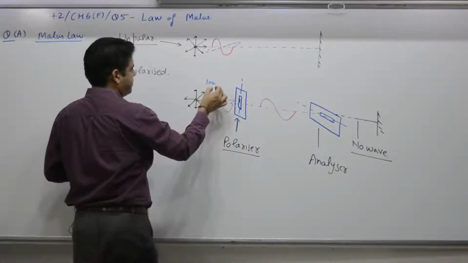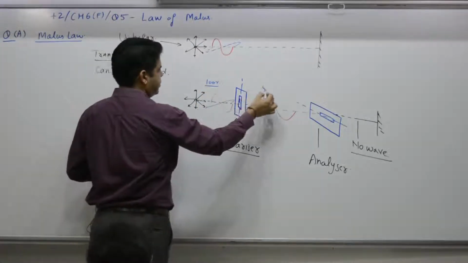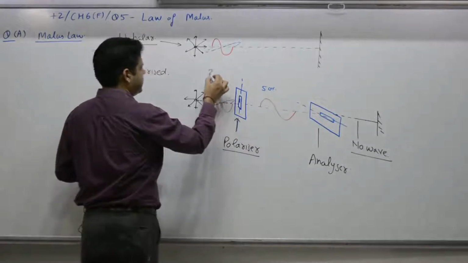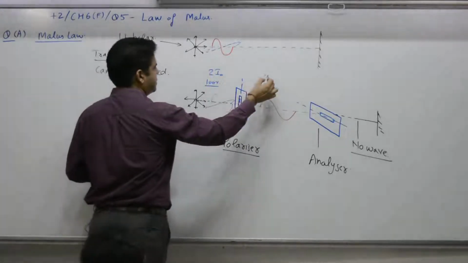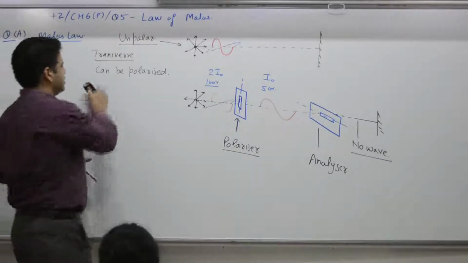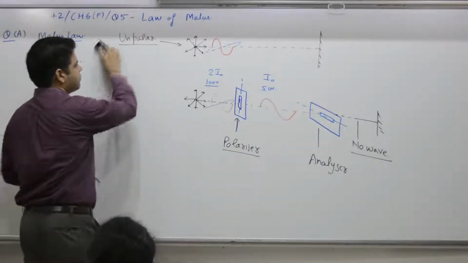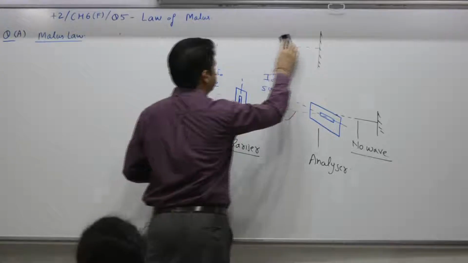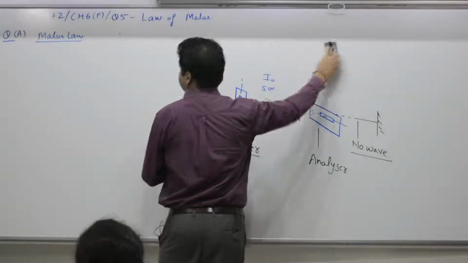If this is 100% energy, this reduces to half. If this intensity is 2 I naught, this intensity is how much? I naught. This part, that this reduces to 50%, we'll take up in the B part of question number 5.